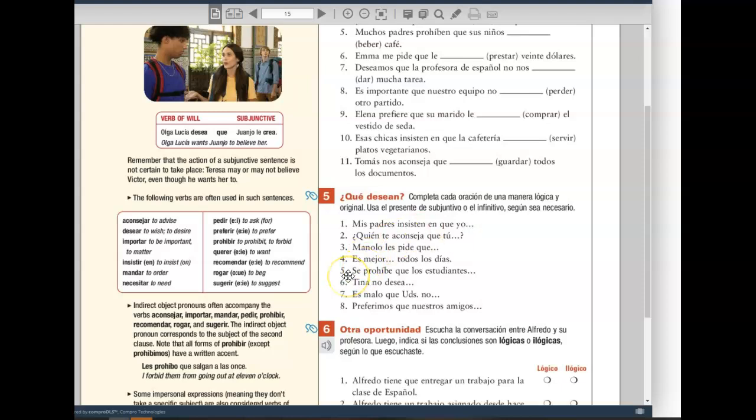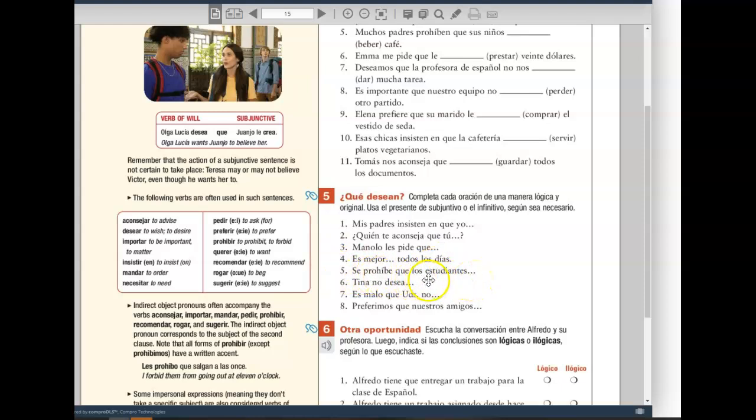Excuse me, number 5, I believe we also finished off with last class. Se prohíbe que los estudiantes, students are prohibited from doing what? What are students not allowed to do, or what should students not be allowed to do? Whatever that is, that verb should be conjugated in the subjunctive according to your subject, los estudiantes.